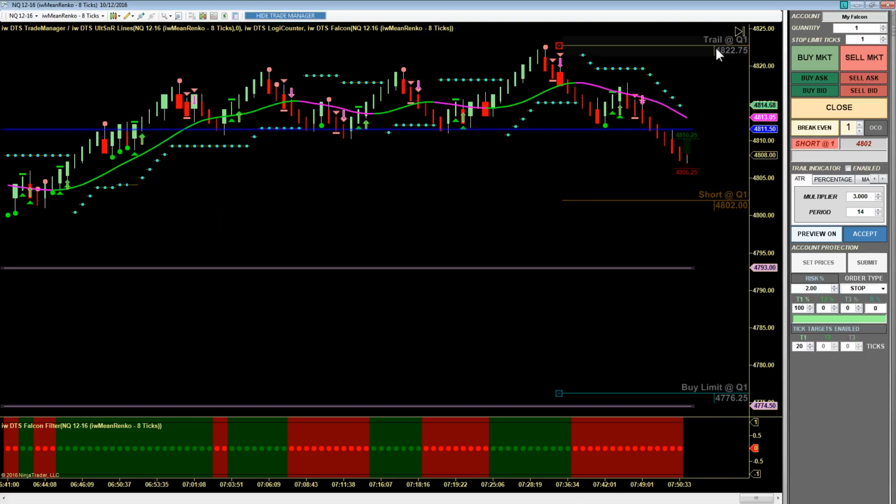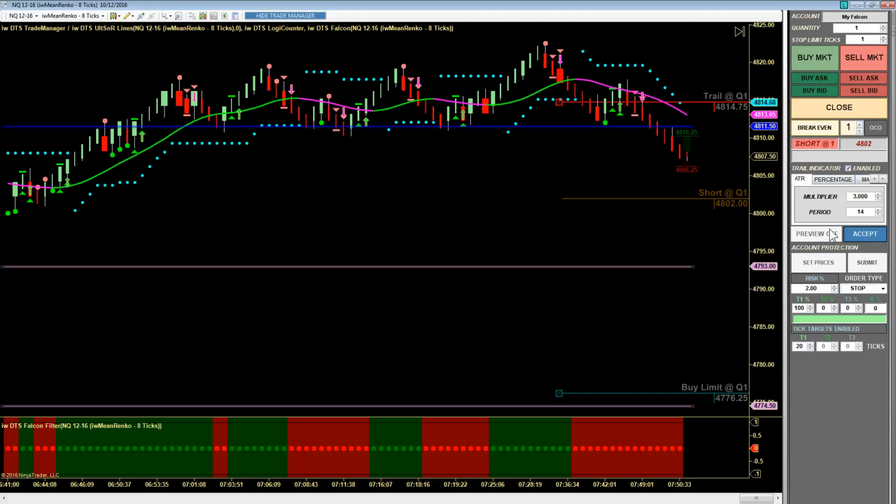Now watch what's going to happen. The trade manager is going to grab my stop, and it's going to start rolling it here according to this stop strategy. So as soon as I enable this and accept, there. So now my trade is on autopilot, and the trade manager is going to just continue to roll my stops for me automatically.